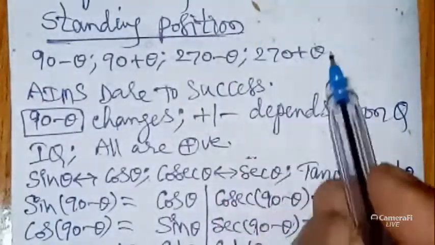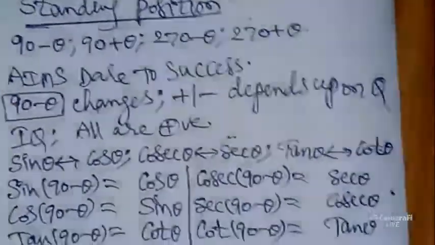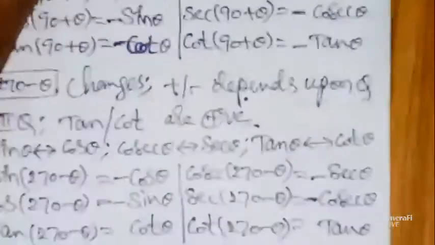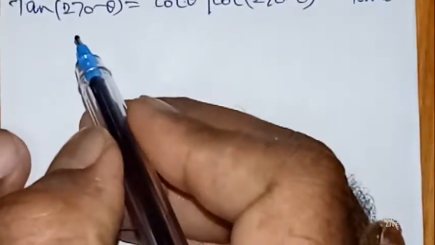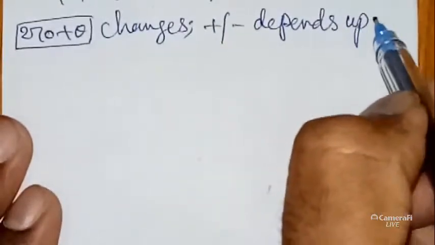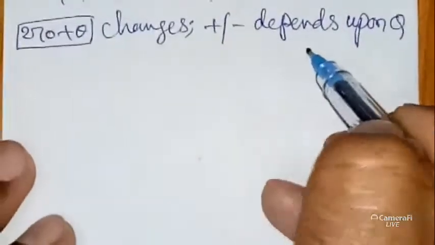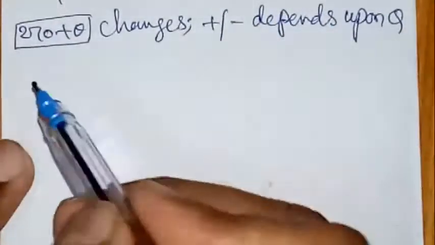Now our last part is 270 plus theta. Now I wanted to write here 270 plus theta related values. Here changes are applicable and plus or minus depends upon their quadrant. Now 270 plus theta.